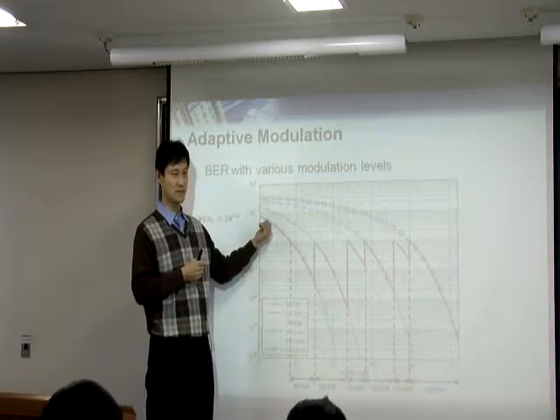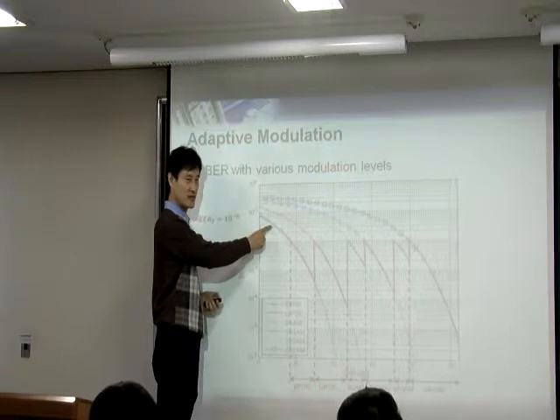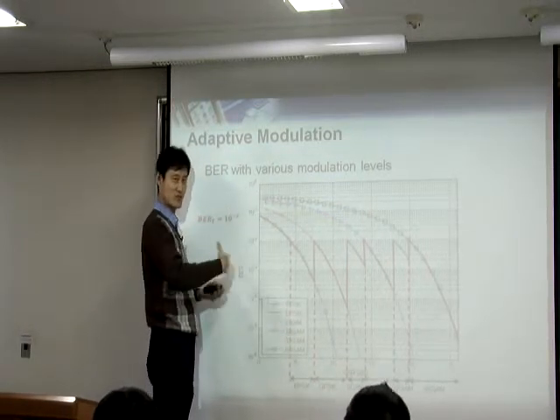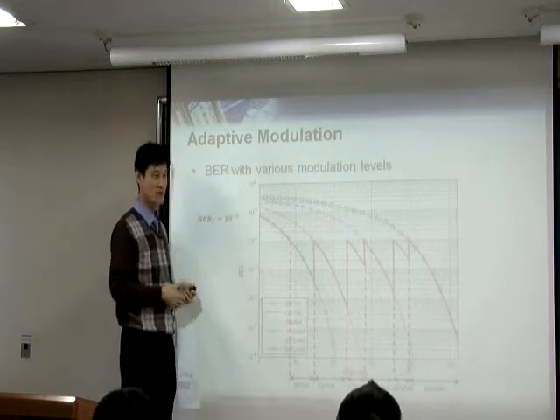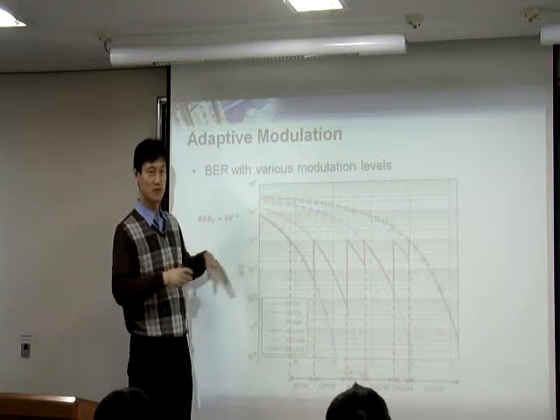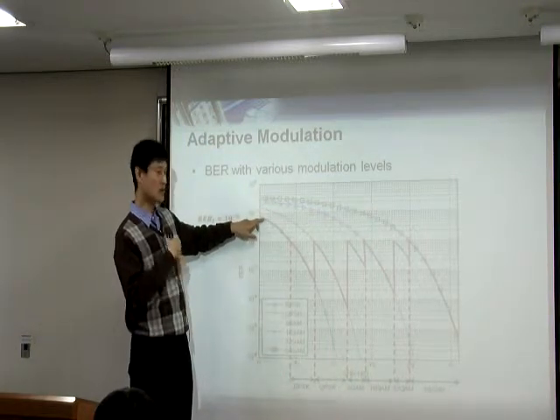That's BPSK. But even with BPSK, your target is not satisfied. But that's the lowest thing anyway, so we just use it. That's one option, because that's the lowest thing possible, so there's no other option.